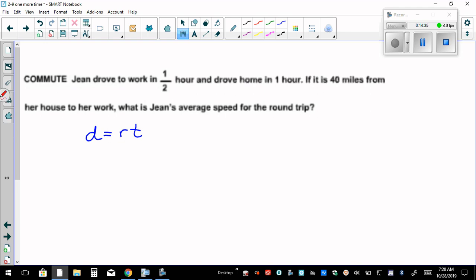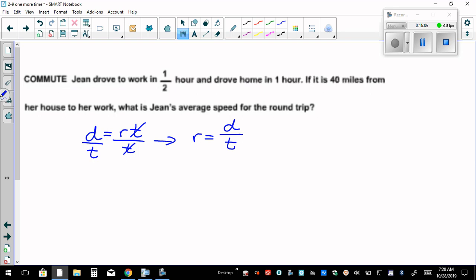So right here, I need to figure out how to isolate that R. So I'm going to solve this for R. In order to do that, I'm going to divide by T and divide by T. These are going to cancel, right? And I'm going to have my rate equals distance over time. So there, at least I can get started.